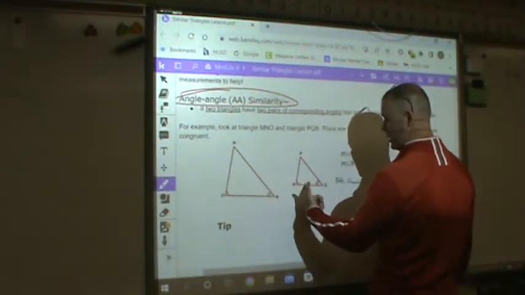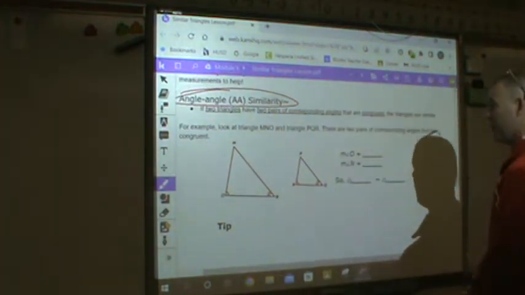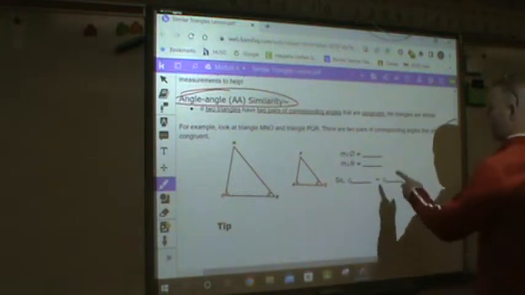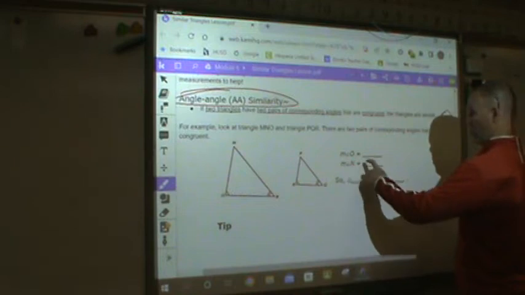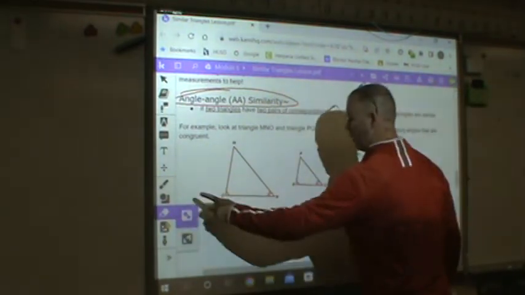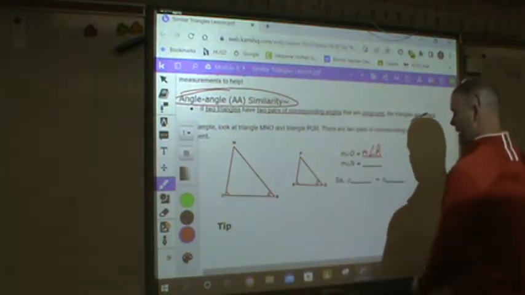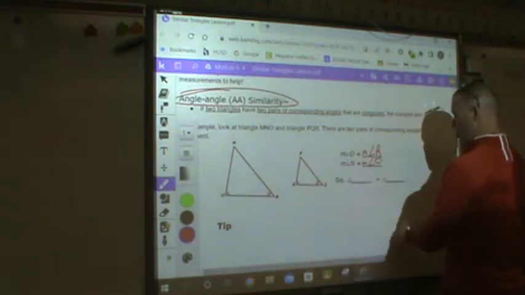In the pre-image and the image, I have O congruent to R, N congruent to Q. Are the figures similar? Well, look at MNO and PQR. There are two pairs of corresponding angles that are congruent. So the measure of angle O is congruent to the measure of angle R. Don't just put R, right? You put the measure of angle R. And the measure of angle N is congruent to the measure of angle Q.